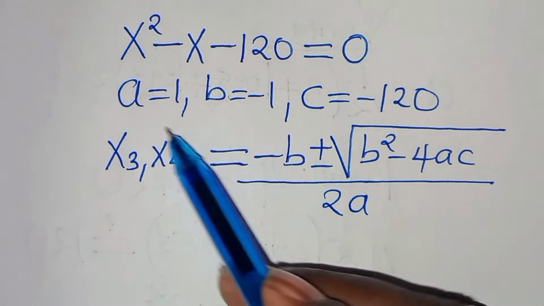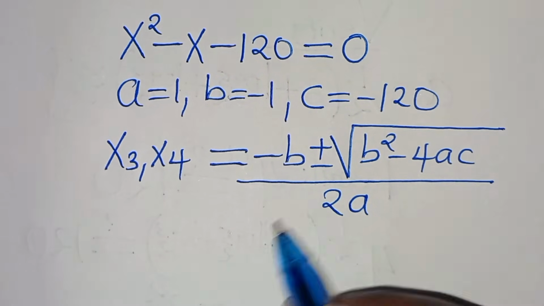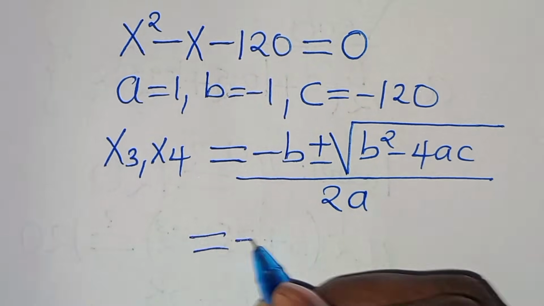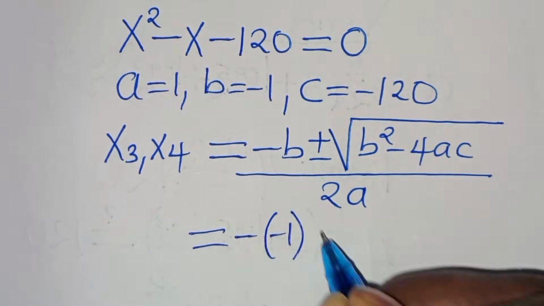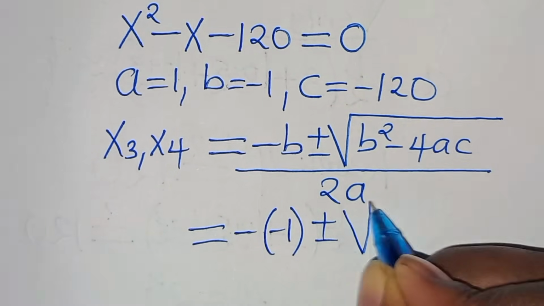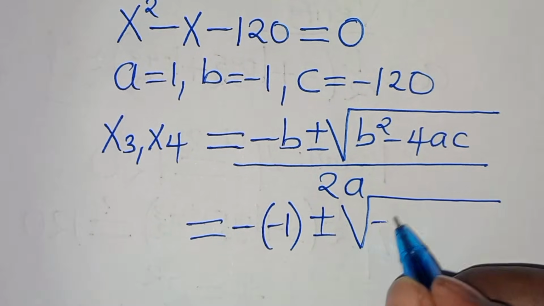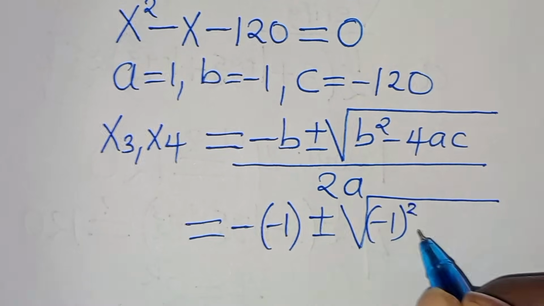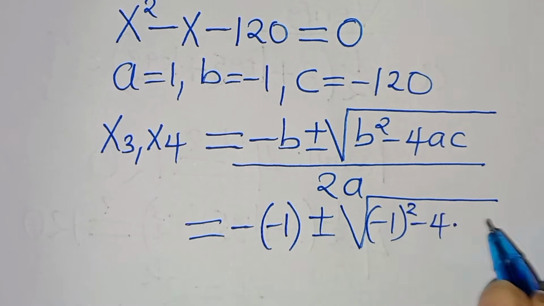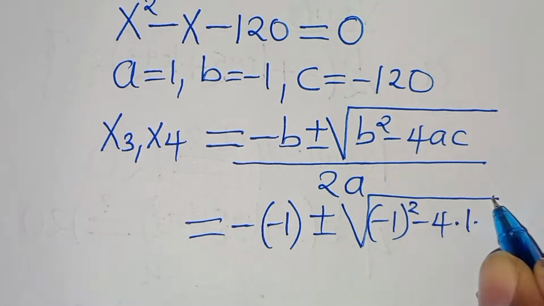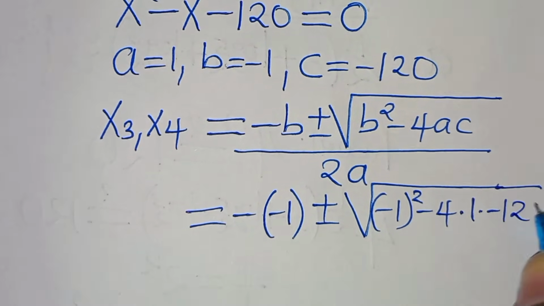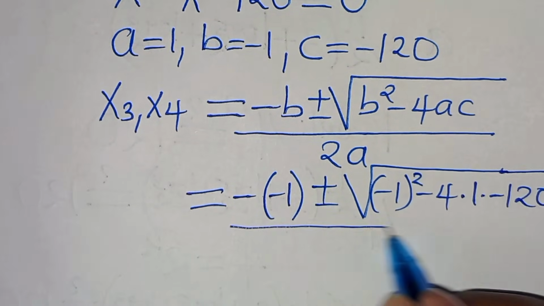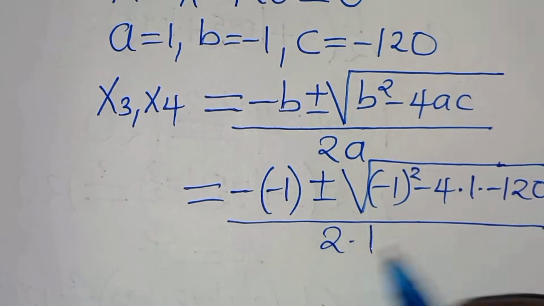Now let's substitute the values of a, b, and c, so that now here we have minus 1 plus or minus, we have the square root of minus 1 squared, then minus 4 times a, which is 1, then times c, which is minus 120. Everything here divided by 2 times 1.